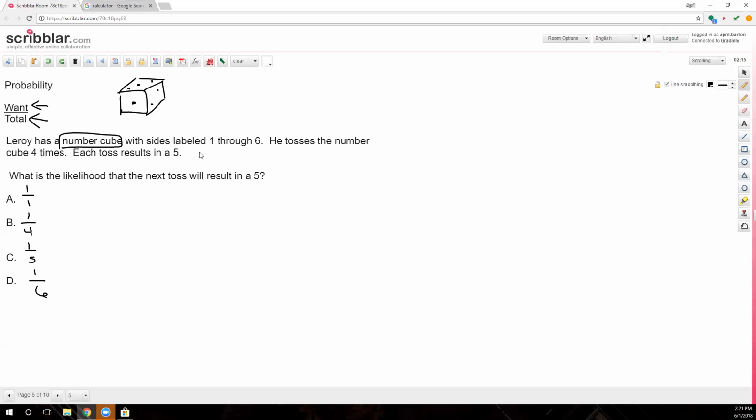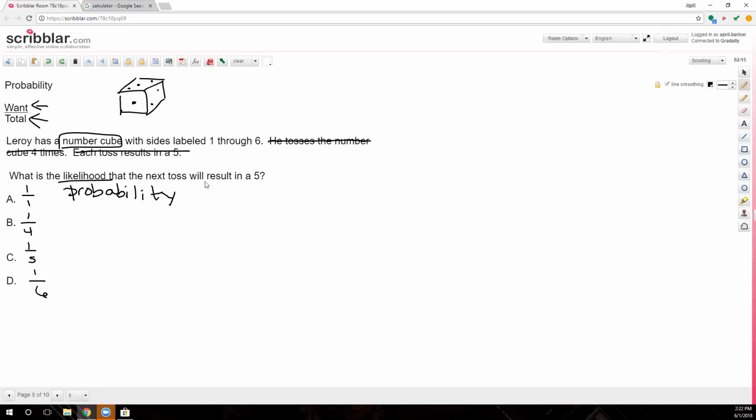This doesn't actually matter. This whole sentence and this whole sentence don't affect what's going to happen. When they ask the likelihood, which is just another word for probability, we're basing it solely off the number cube itself.